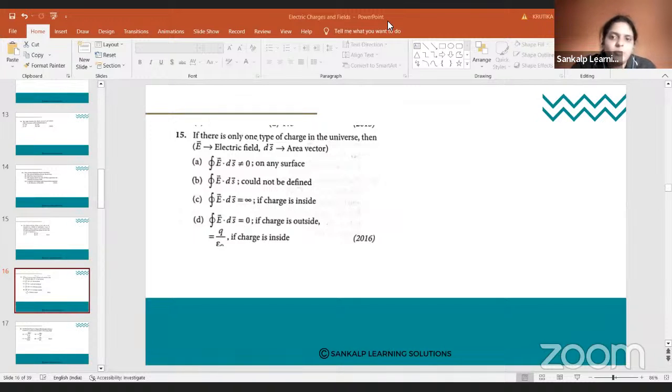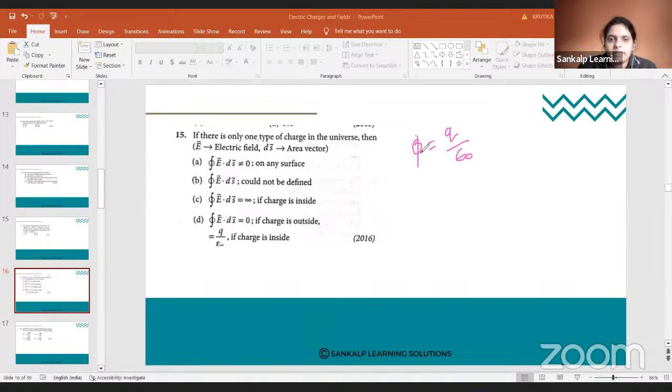See, from Gauss law, you have learned Gauss law. That is the electric flux is equal to Q by epsilon naught. Right? So that is the Gauss law statement. Electric flux is equal to Q divided by epsilon naught. According to Gauss law, we have the electric flux is equal to Q divided by epsilon naught.